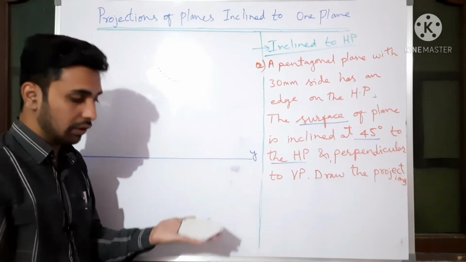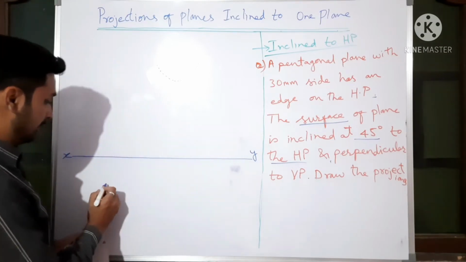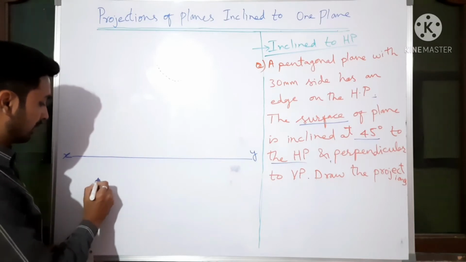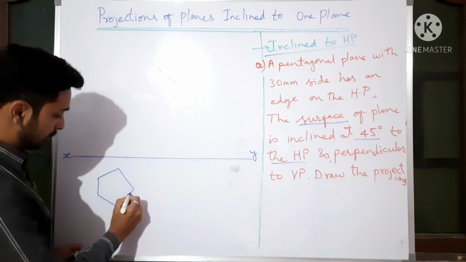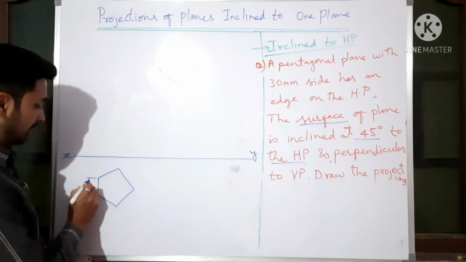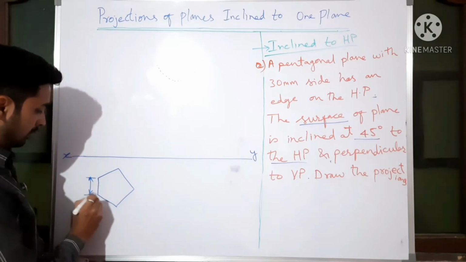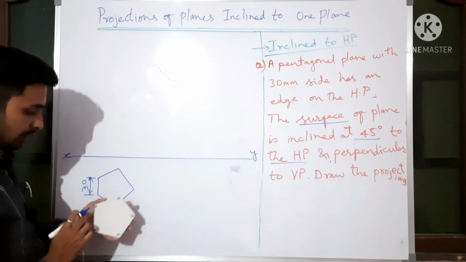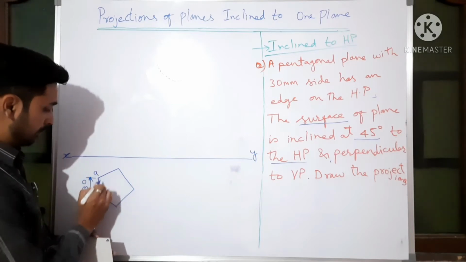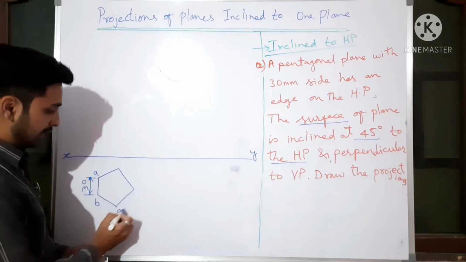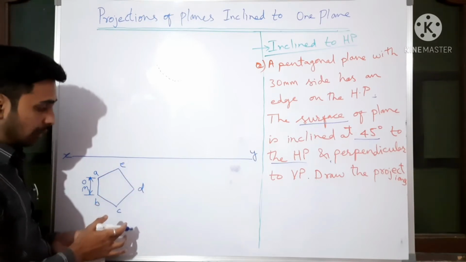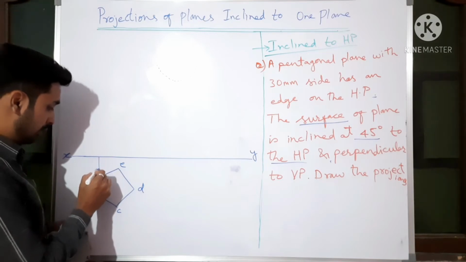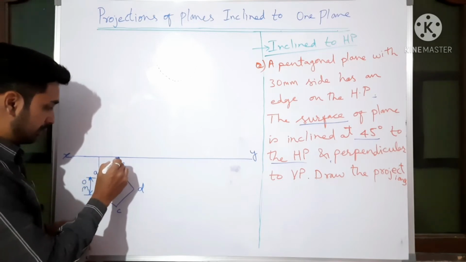Okay, so I will draw the pentagon like this, in this way. Assume this is pentagon side 30 mm. Okay, how much is the side? 30. A, B, C, D, E. Let us project all the points upward, that is for front view purpose.